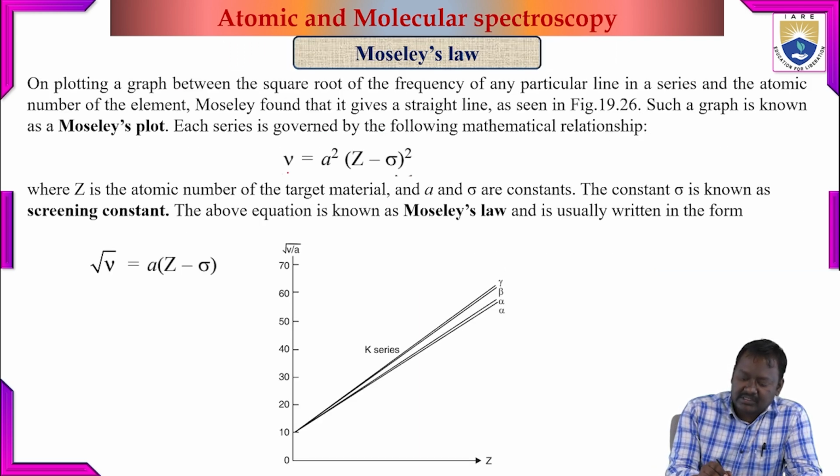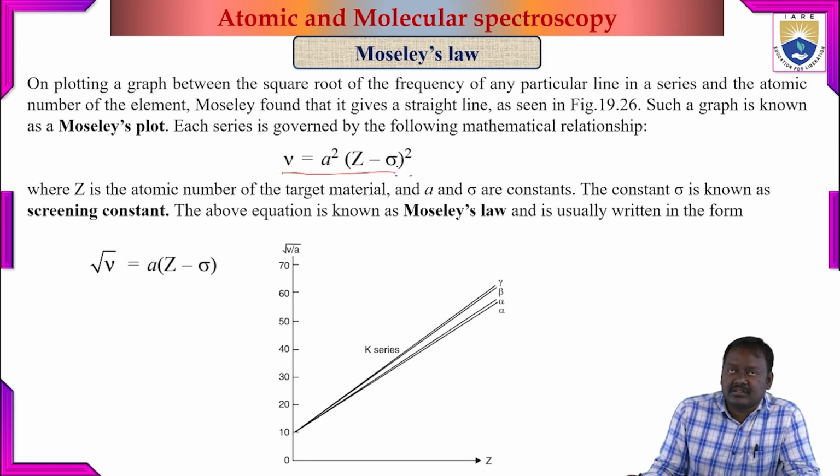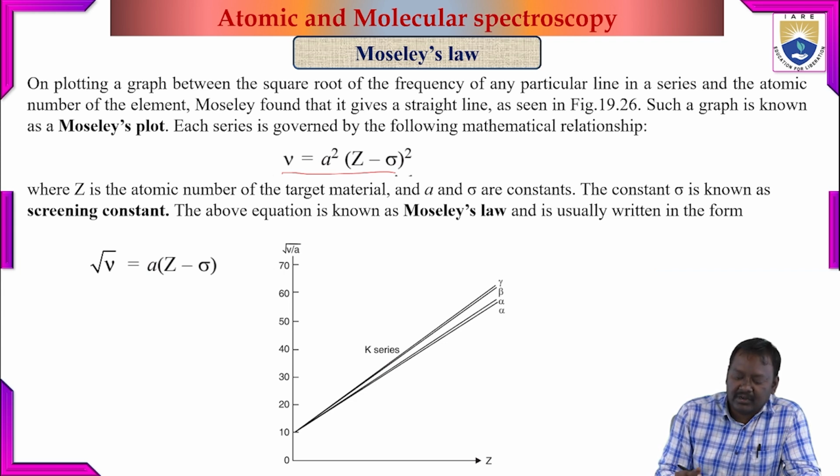So this is the same relation identified by Moseley. Whenever a graph is drawn between the atomic number of the target material and the square root of the frequency, we get a straight line, whether it is the K alpha, K beta, or K gamma series.